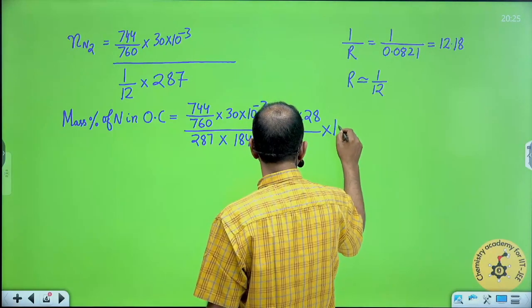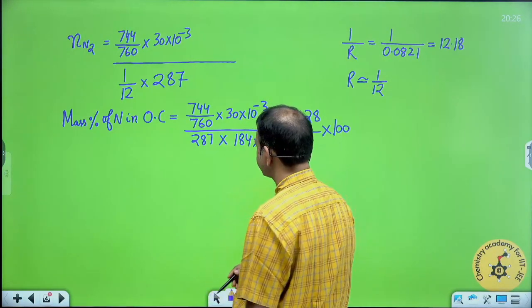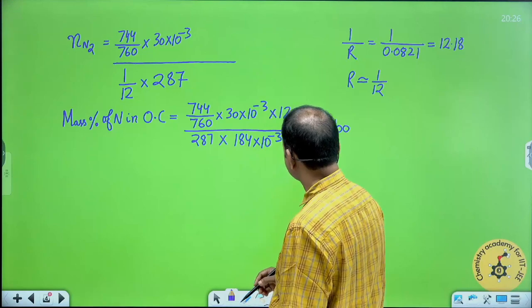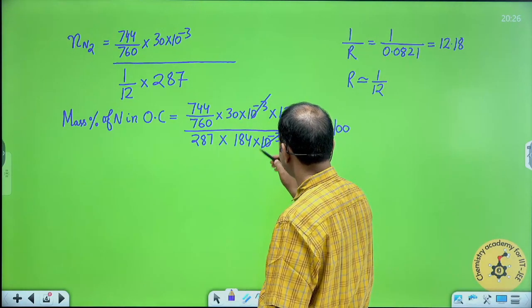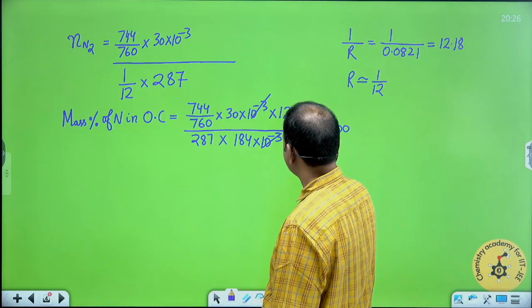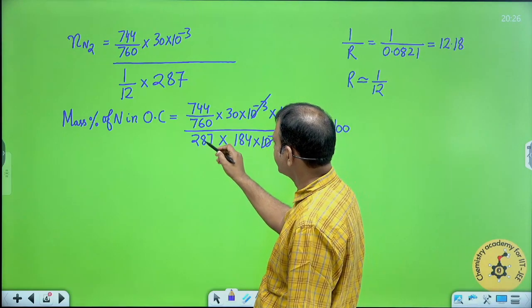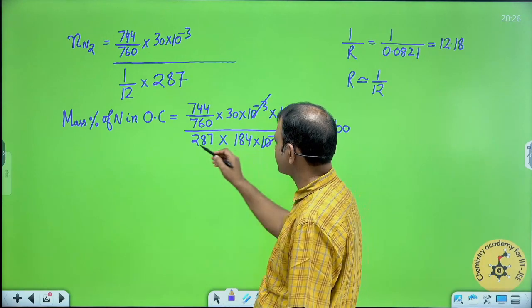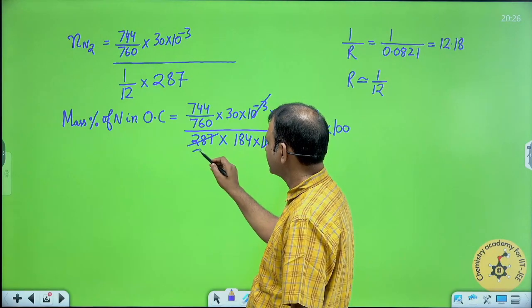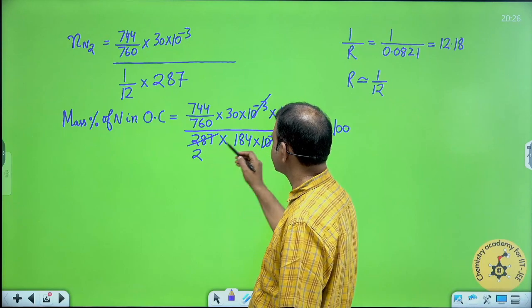So let us try to solve this question by approximation method. So now 10 to the power minus 3 and 10 to the power minus 3 will cancel out. 12 into 2 is 24. This will be 47. So I can take an approximation. I can say that this is 24 and 47 and 48.